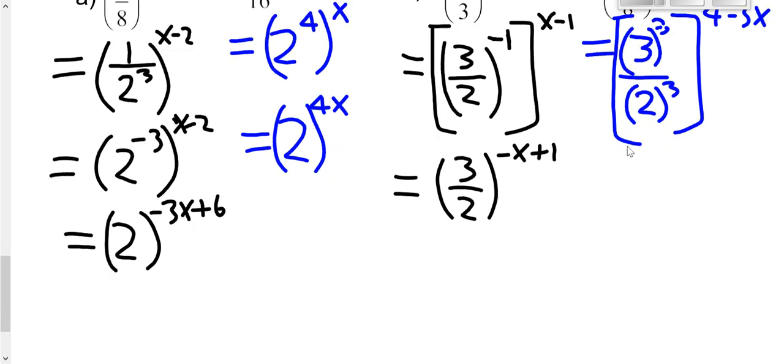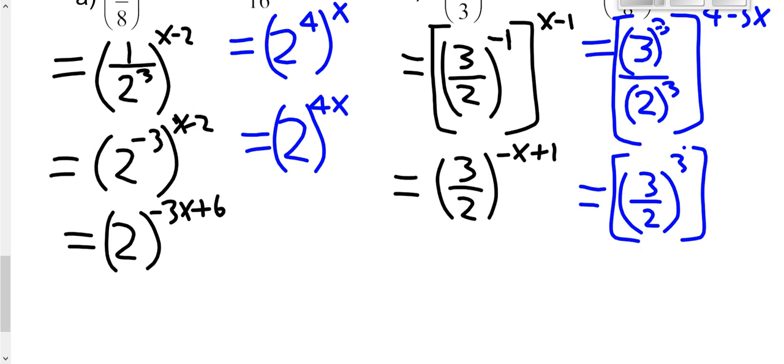Okay, and then they have the same exponent, so we can combine them. That becomes 3/2 with a common exponent of 3, and then outside that you have 4 minus 3x.